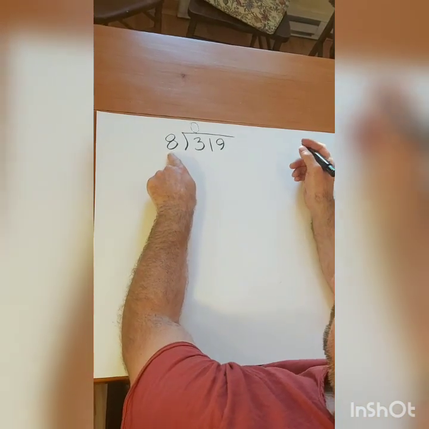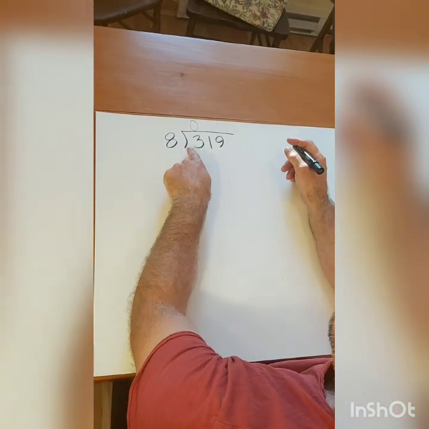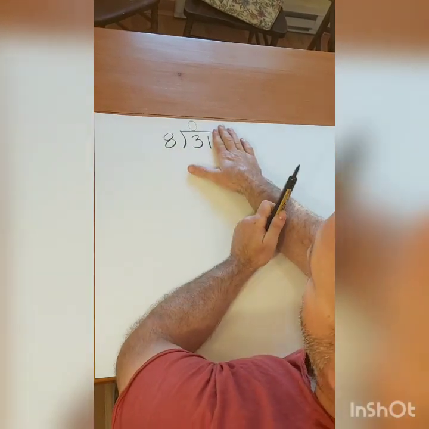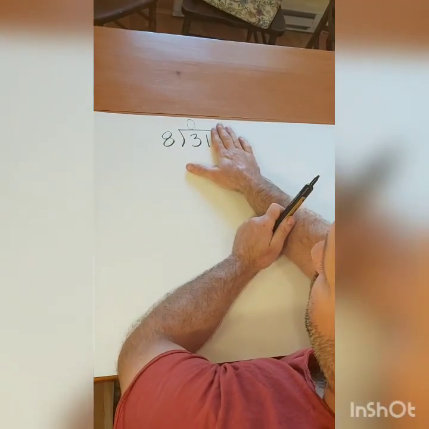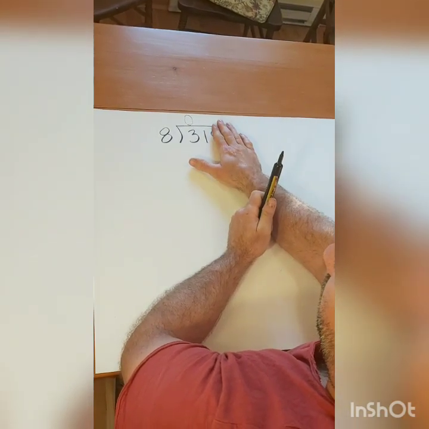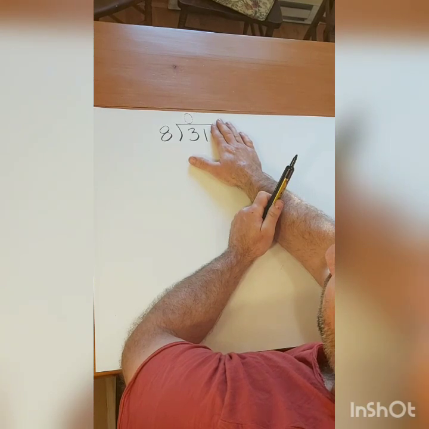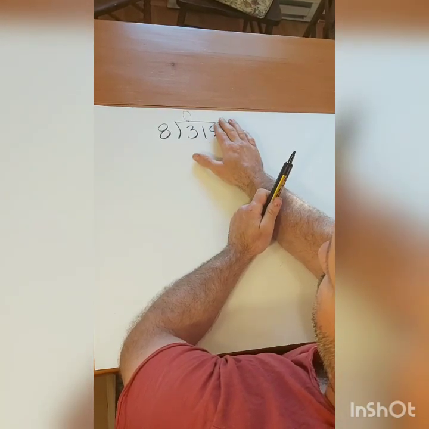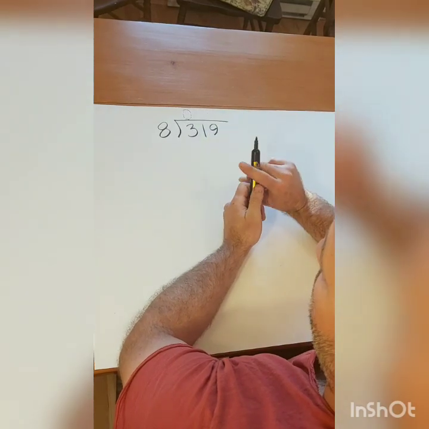So we're going to go on to step 2. And now I've tried to divide 8 into 3. It's not possible. Our next number now is 8 into 31. And this is where students' recall of basic multiplication and division skills is important. It will help them a lot along the way with this. And I'll talk about that later in the video.